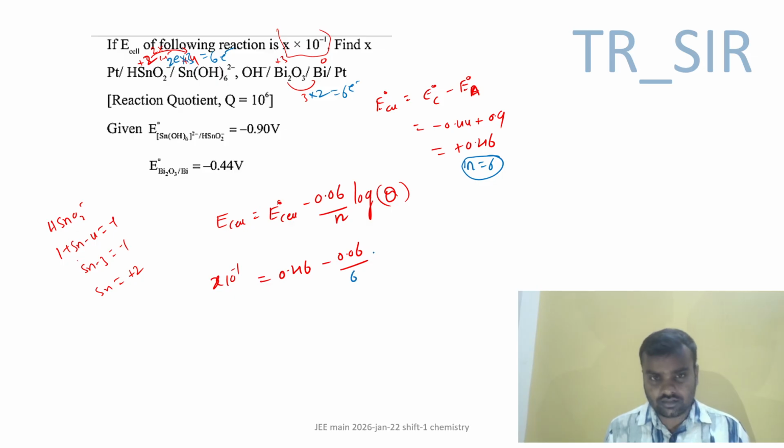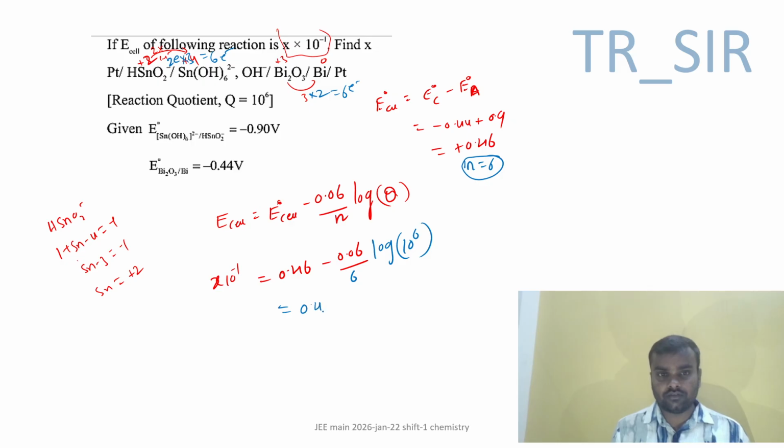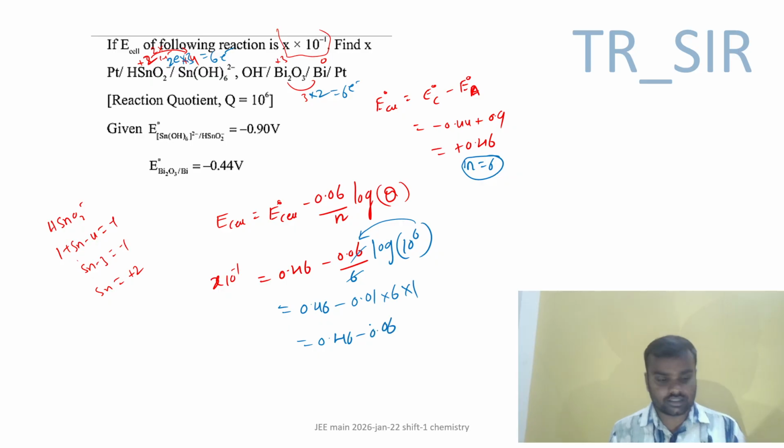So 6 is the electrons. Now log 10 power of 6 they given. Now bring this one here. You will be getting like this. So 0.46, so 6 cancel out. Minus 0.01 into 6, this 6 will come to backside. Log 10 value becomes 1. So here 0.46 minus 0.06.